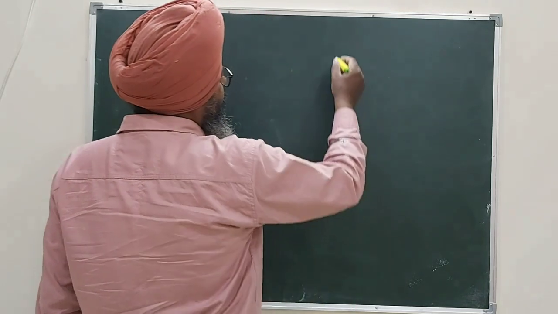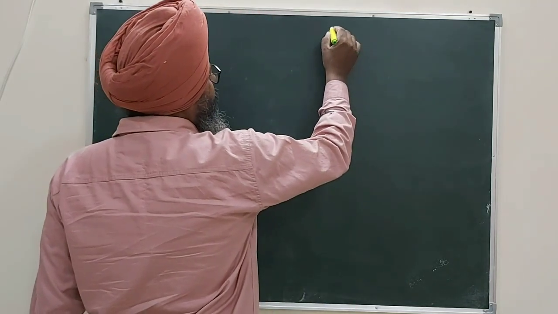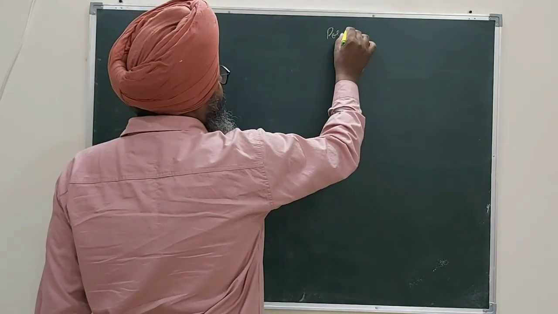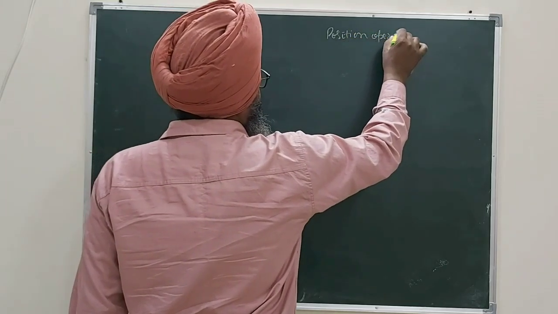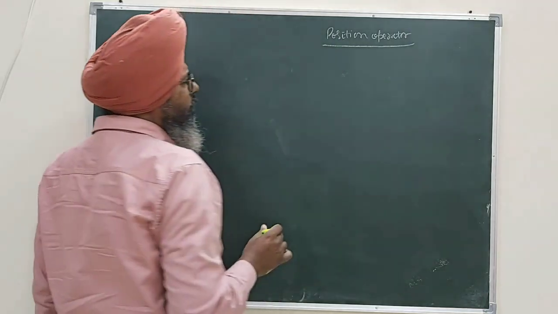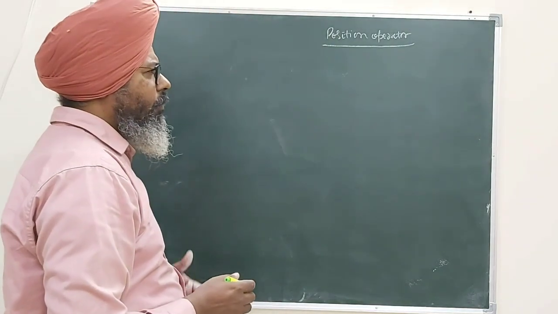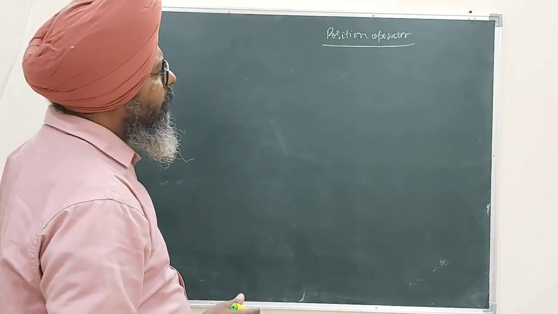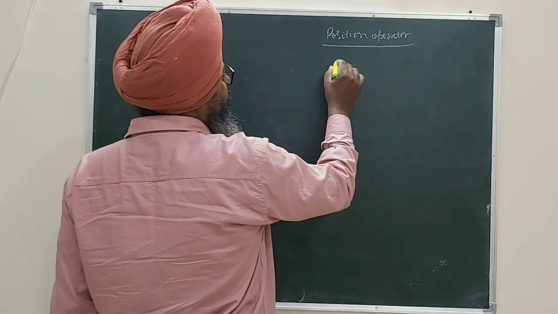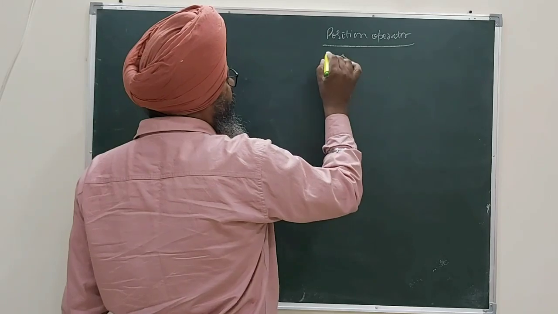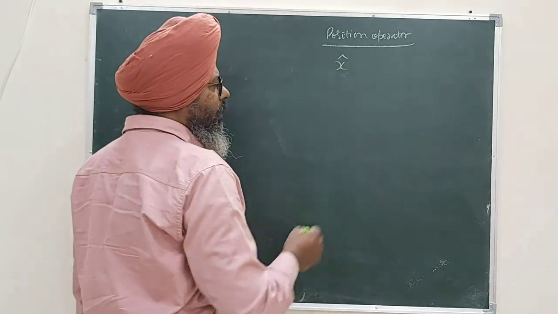The first thing is, what is the operator for position? Position operator. So the position operator for a component of position of a particle is that component itself. Let us say I want to write the operator for the x component of the position of the particle.